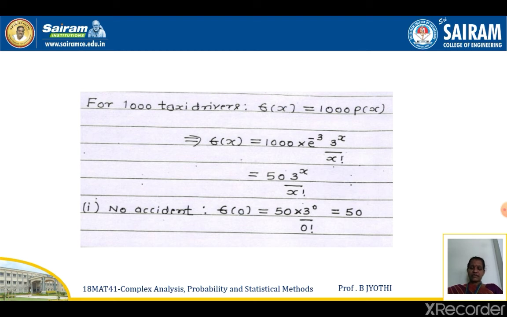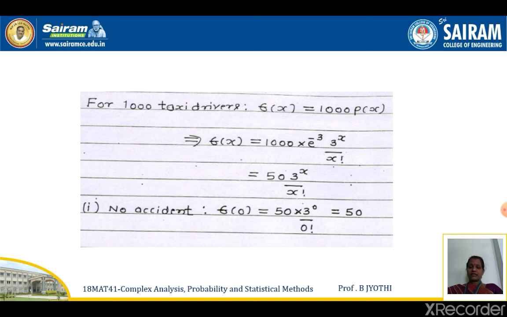So now let's calculate the number of taxi drivers with no accidents. What is the probability that there will be no accidents? Or let's put it in another way, out of 1000 taxi drivers, how many will be so accurate that without any accident they will be able to drive? So f of 0 it is.